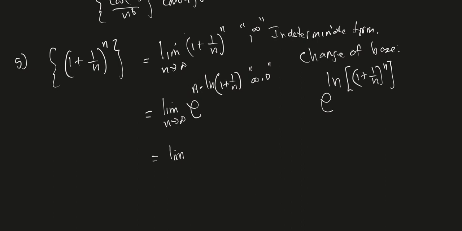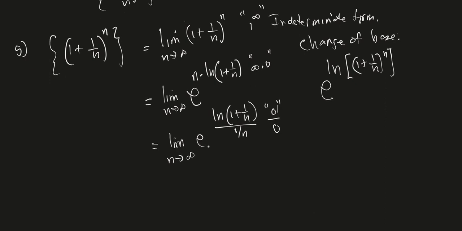Multiplying by n is the same as dividing by its reciprocal, right? So I can write this as the ln of 1 plus 1 over n over 1 over n. And now this is of the form that I want, because as n goes to infinity, the bottom approaches 0, the top approaches 0, and finally I can use L'Hopital's, right?